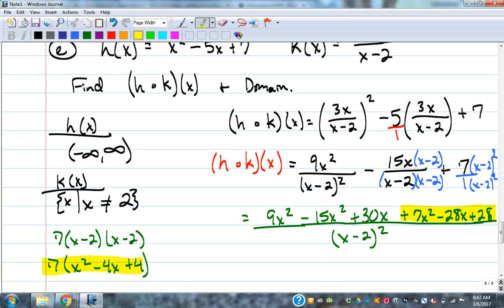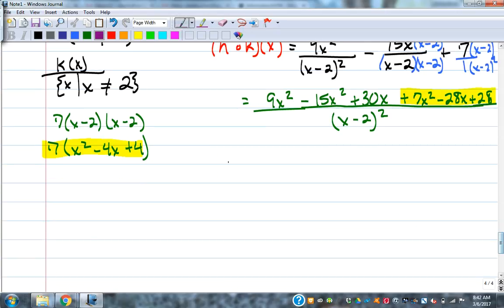And then you're just simplifying the numerator there. The denominator is not really going to do anything. The numerator needs to be simplified. So 9 minus 15 would be negative 6, plus 7 would be 1x squared. Then we have 30x minus 28x would be 2x.